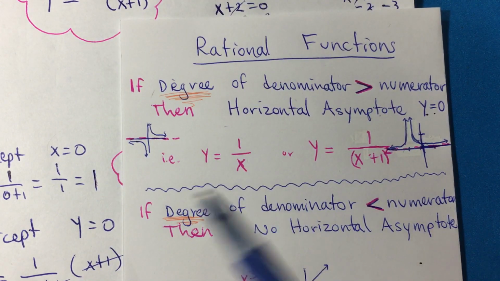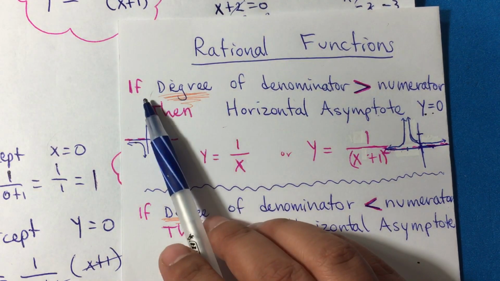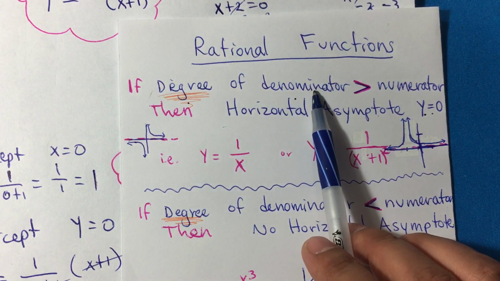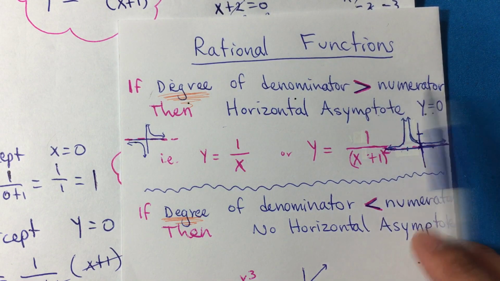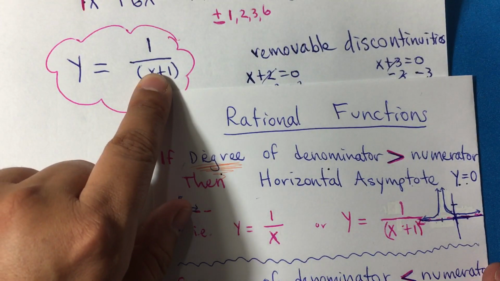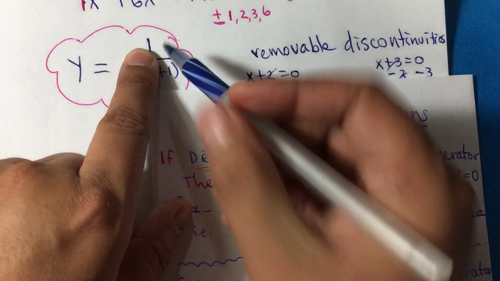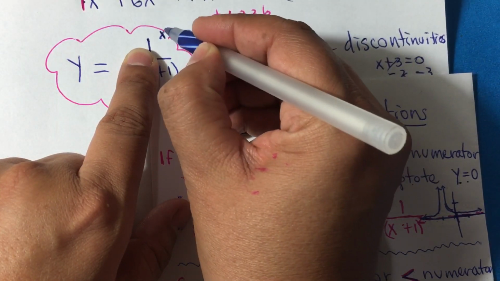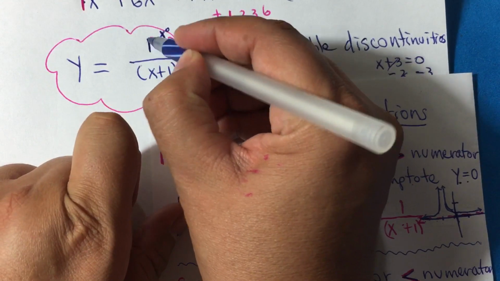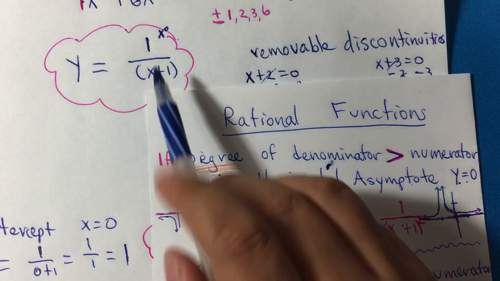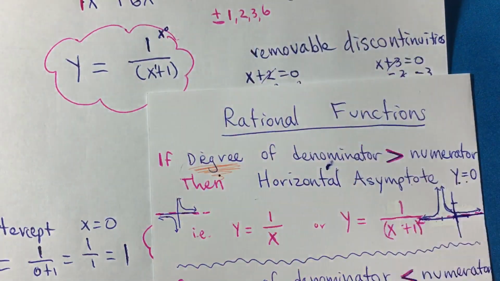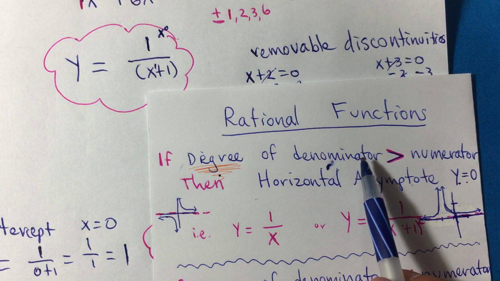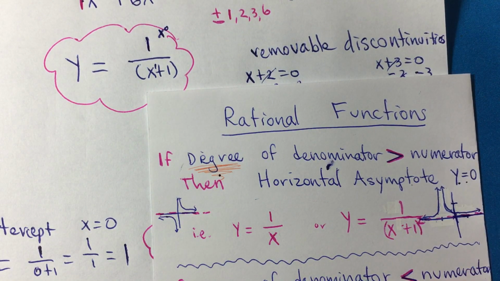The only difference between the other one and this one is that this one has the wholes. Okay, so it says if the degree of the denominator is greater than the numerator, degree refers to the exponent. Since we don't have x in here, it means that it has x to the 0, because anything to the power of 0 is 1, and it's that one right there.